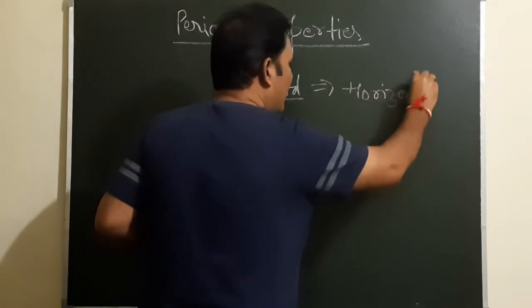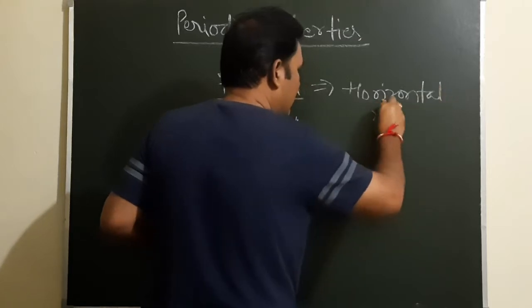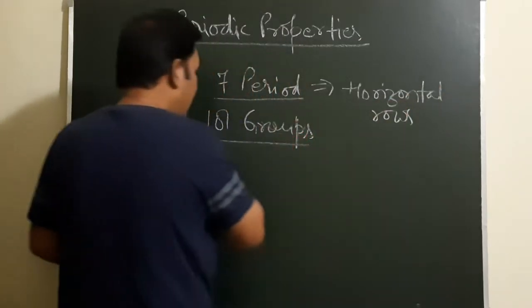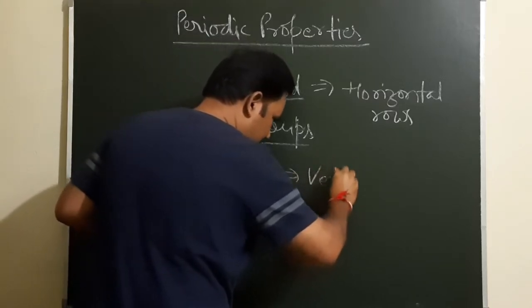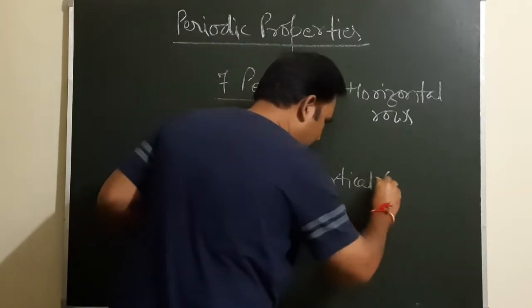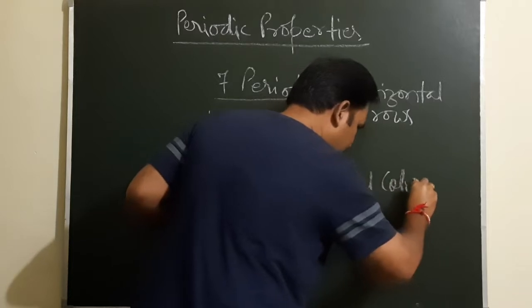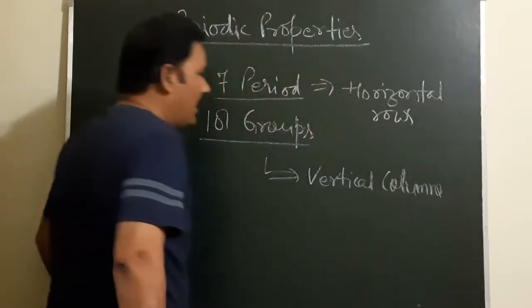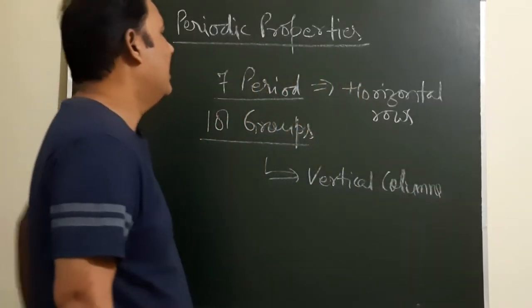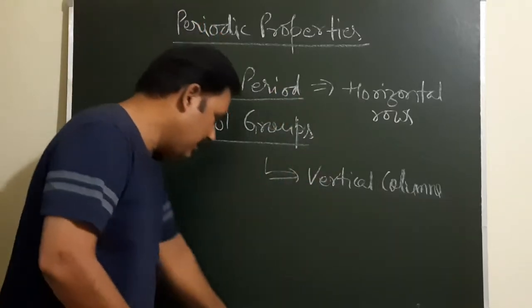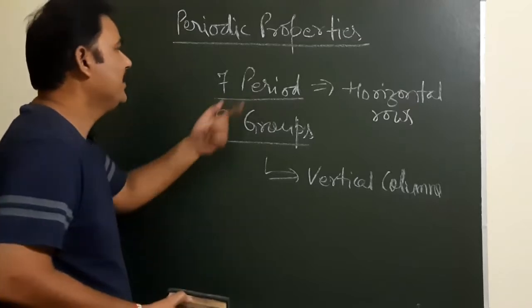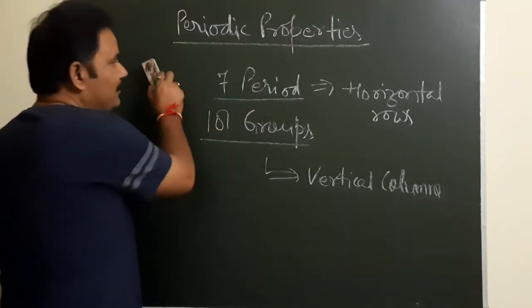And the 18 groups are the vertical columns. Vertical columns are known as the groups, and horizontal rows are known as the periods. So all the 118 elements are divided into 7 periods and 18 groups.